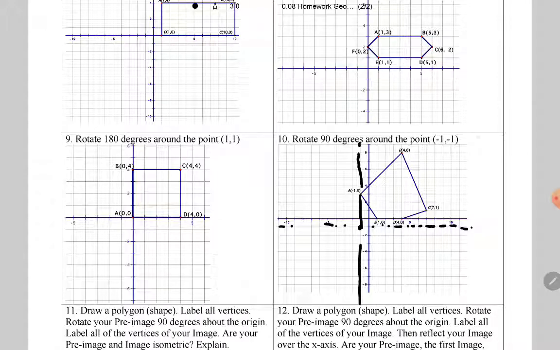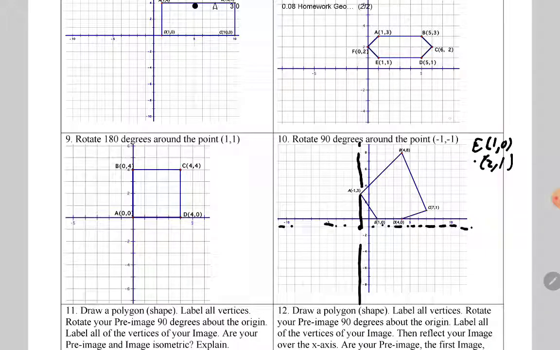So I'm just going to use E. So E was 1, 0. On my new coordinate plane, it's actually 2, 1. Okay, now I'm going to use the formula. So they want 90 degrees.